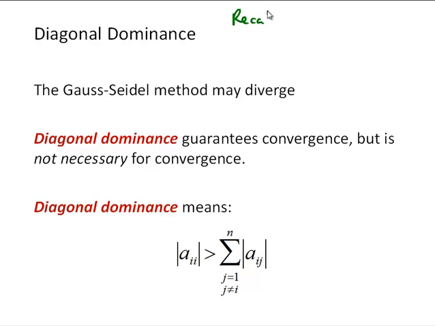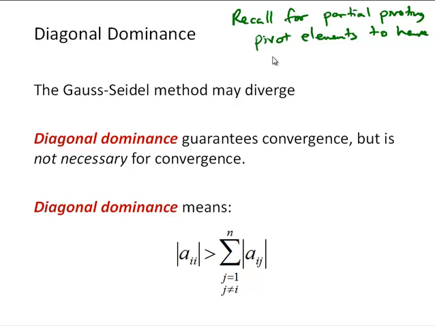Recall for partial pivoting with Gauss elimination, we wanted the magnitude, basically the pivot elements, to have the greatest absolute value in each column. And actually for diagonal dominance, we are going to be looking more at the rows.